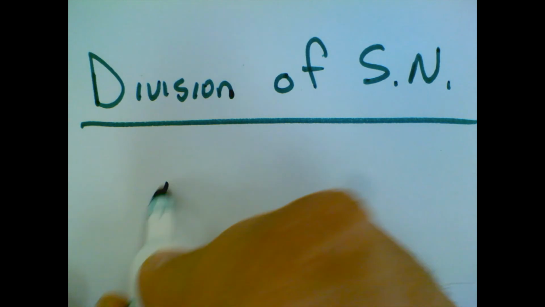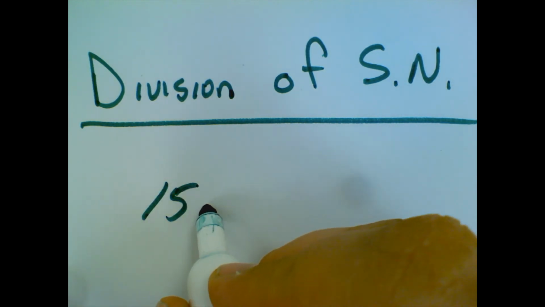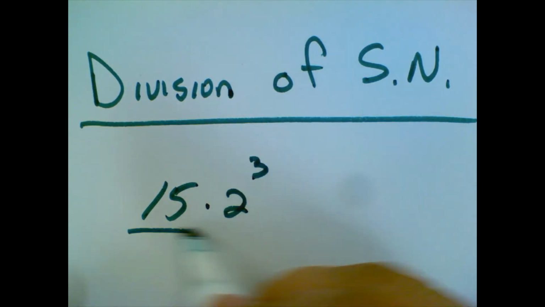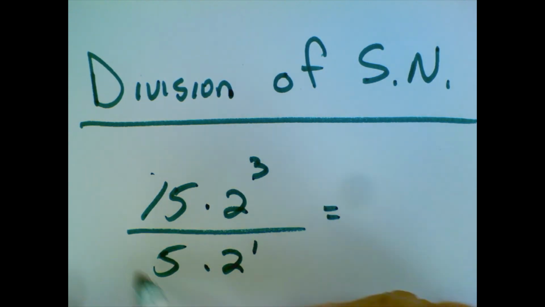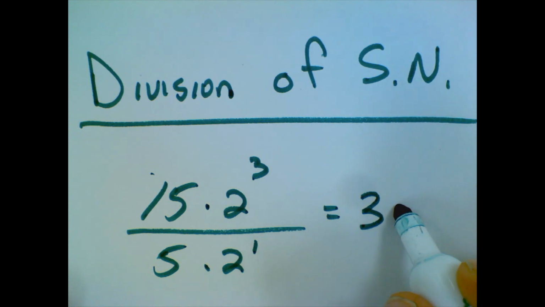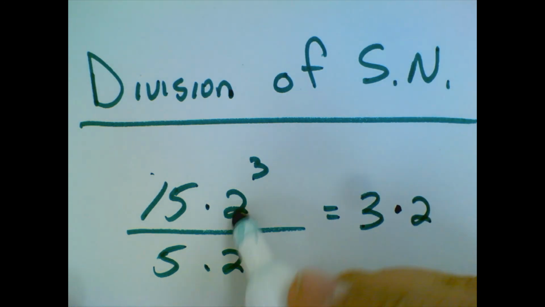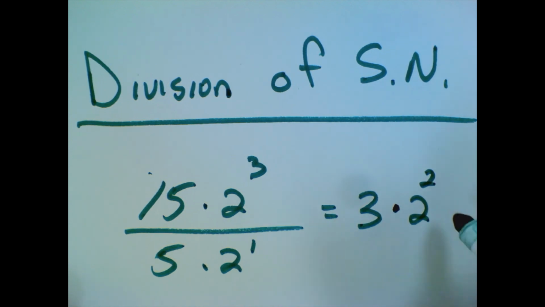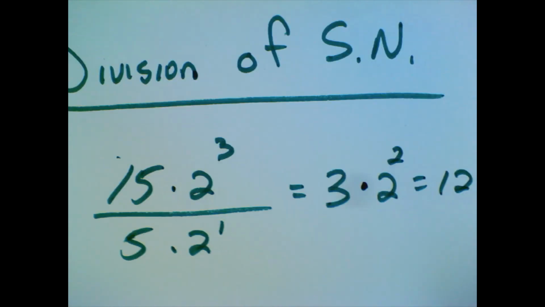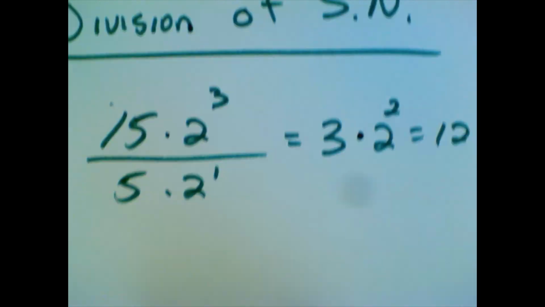Again, we know how to do stuff like this. 15 times 2 cubed divided by 5 times 2 to the first, right? We divide the coefficients and subtract exponents on the powers that have the same base. So this would be 3 times 2 squared, which would be essentially 12. Okay, so we're going to do the same concept for scientific notation.